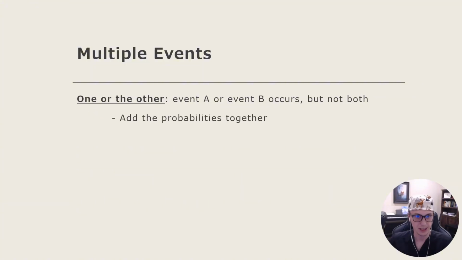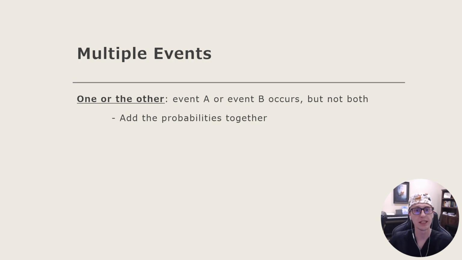All right, now let's talk about multiple events. In the earlier problem, we had 100 marbles of different colors, and we added them together to discover what the probability is of picking either a red, blue, or orange marble. When working with mutually exclusive events like this, which will be almost every time on the DAT, and you're finding what the probability is of one or the other thing happening, you add the probabilities together.